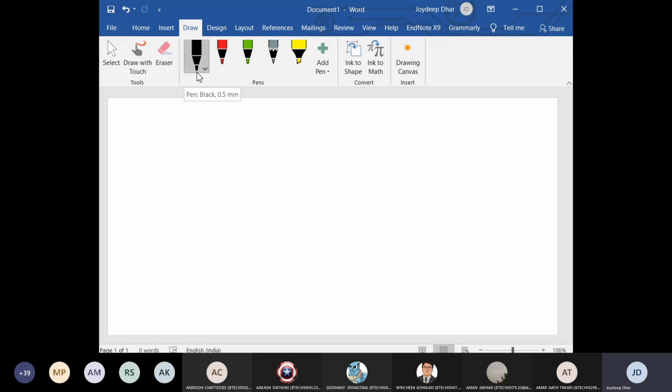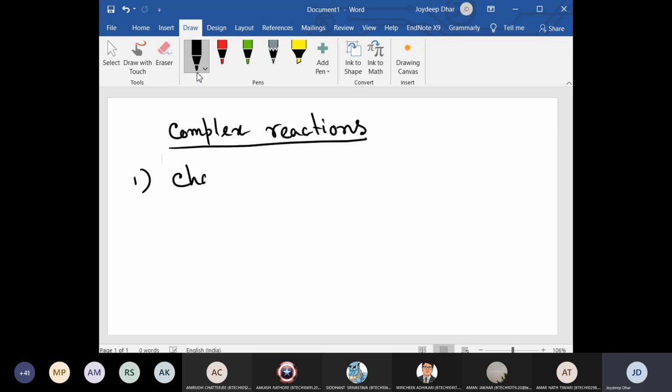The topic I will be teaching for the next 2-3 days is complex reactions and their kinetics. Under complex reactions, you will have 3 different types of reactions. One is chain reaction.